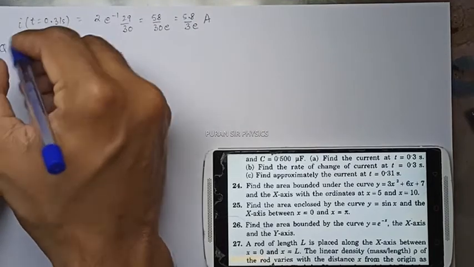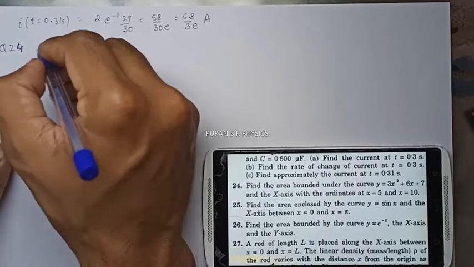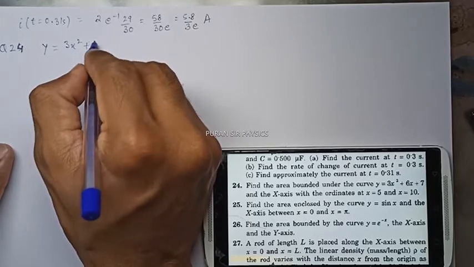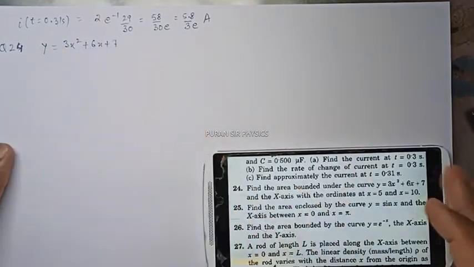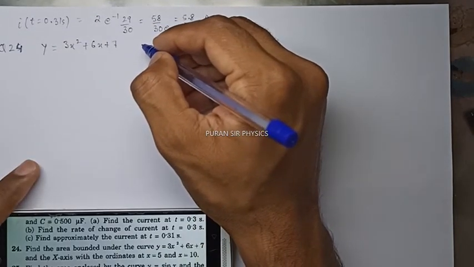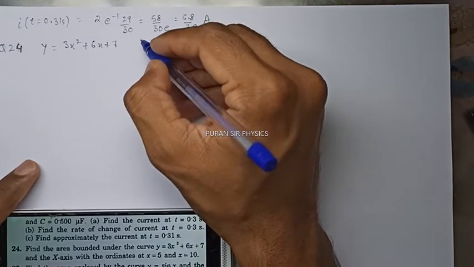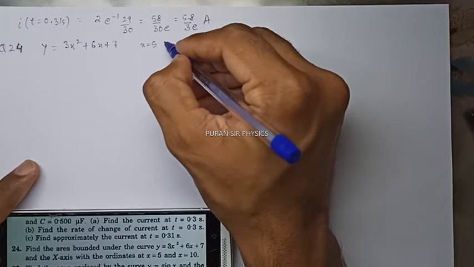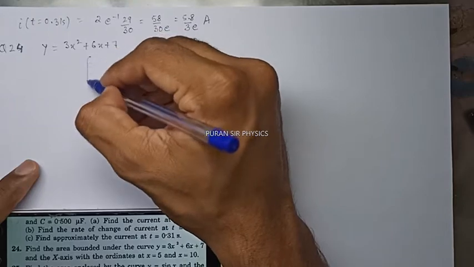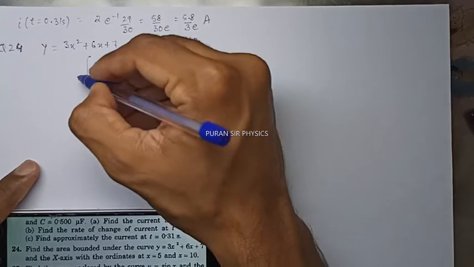So in question number 24, the graph is given as 3x square plus 6x plus 7, and we have to find the area bounded by the ordinates at x equals to 5 and x equals to 10. So basically whenever you have to find the area, you have to take the integration of y dx, where x varies from 5 to 10.